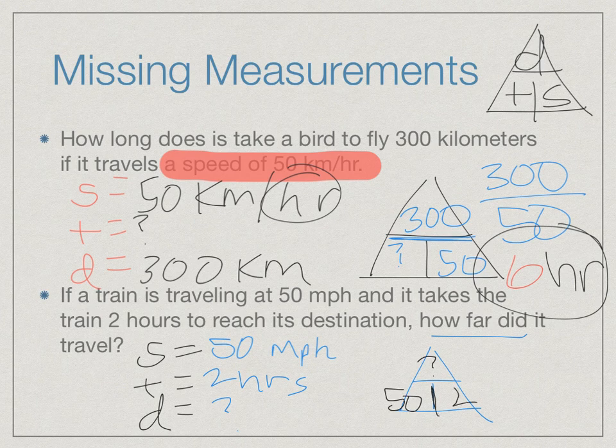This line in the middle means multiply, so that means 50 times 2 will give me my answer. Okay, so that means that our train traveled 100 somethings. What would our unit be? Let's go back to our problem. We know that it's miles per hour, and we have 2 hours, so that means our missing measurement has to be miles. So that means that the train traveled 100 miles.